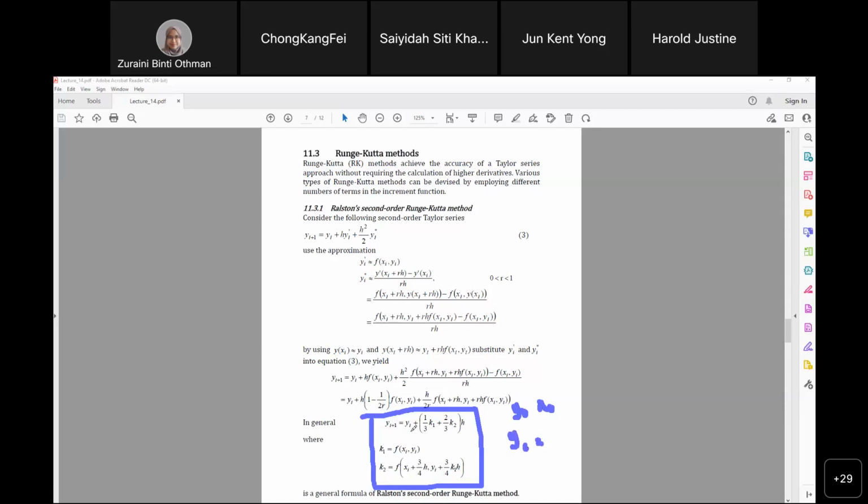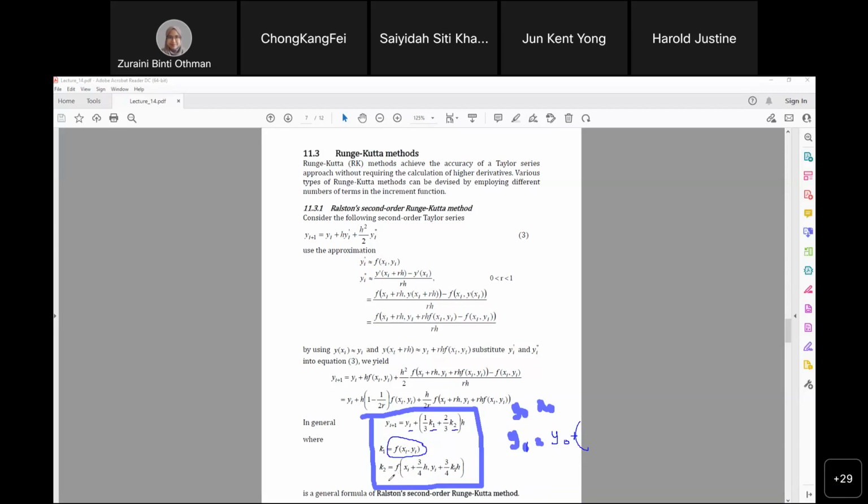Y1 menggunakan formula yang sebelum tu, iaitu y kosong plus 1/3 K1 plus 2/3 K2 kali dengan H. What is K1 and K2 ni ialah, K1 ialah persamaan dia yang asal menggunakan initial value x0, y0.